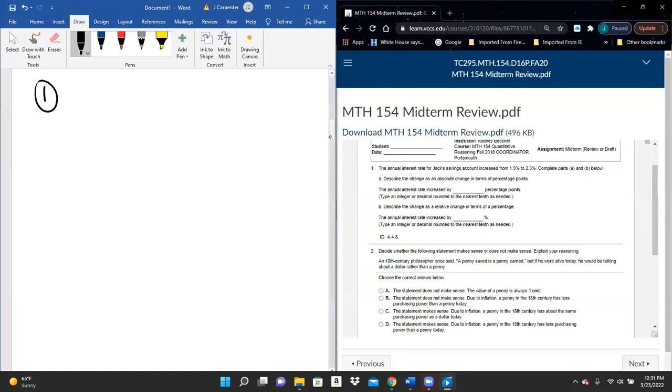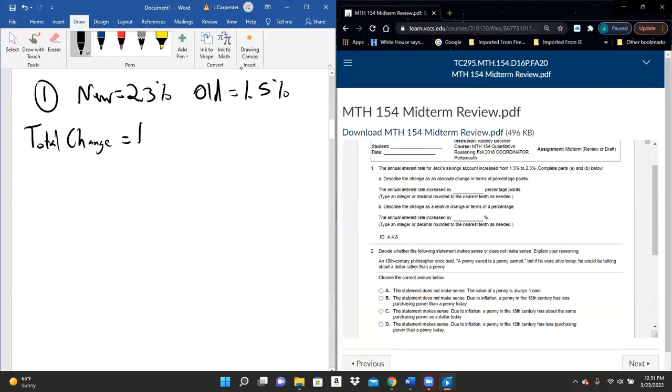All right, so we have our new, which is the 2.3%, and then the old, which is the 1.5%. So the total change, or the absolute change, that's just another way to phrase it, is the new minus old, which would be the 2.3% minus the 1.5%.